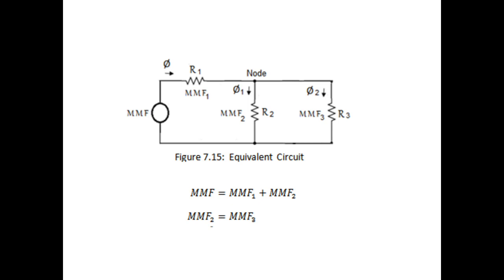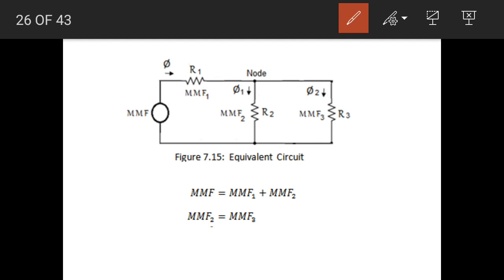We consider the equivalent circuit of our parallel magnetic circuit. If you remember, we have a coil of N number of turns in the first material of the magnetic circuit.